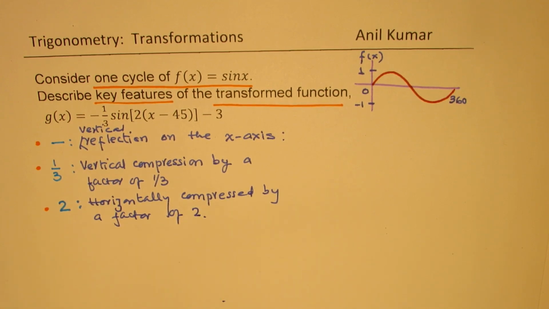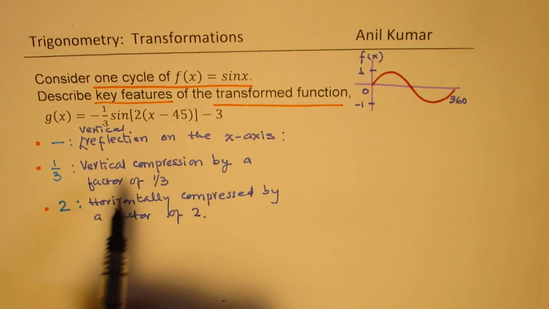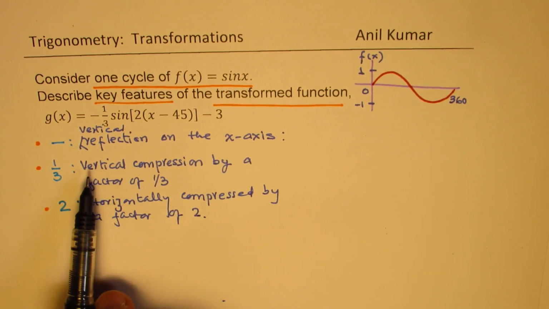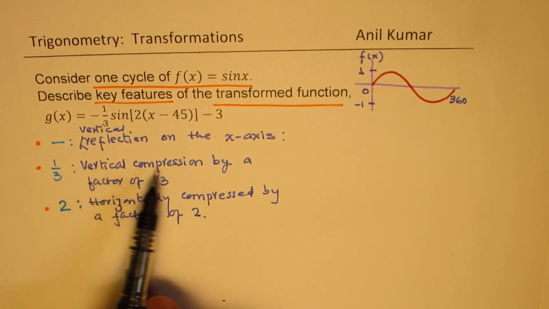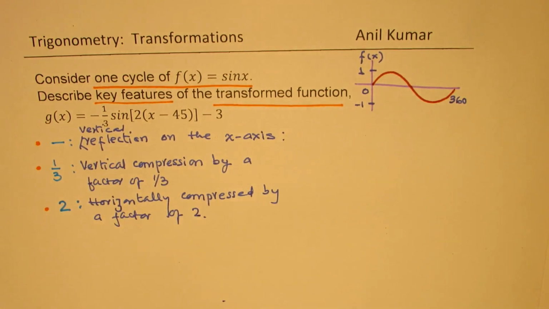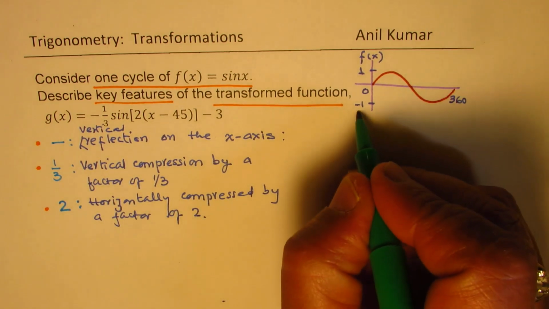Now, let's take a break here and look back at what we have done so far. One parameter which we looked into was vertical compression by a factor of 1/3. Now, what is the effect of this? That is to say, which key feature is influenced by this particular change?